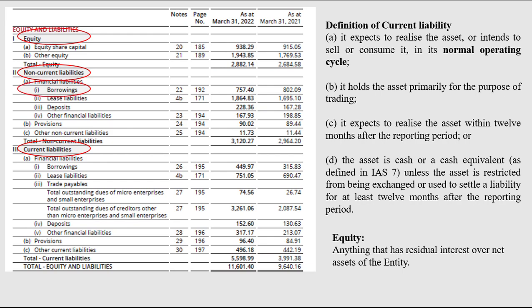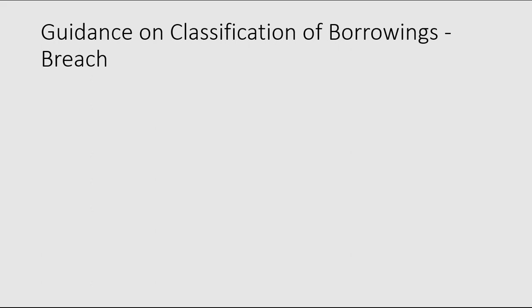Now here let me explain a peculiar guidance which the standard gives us in the case of borrowings. For borrowings, in order to classify them as current or non-current, one must focus on how well the entity is able to comply with the covenants. Covenants are nothing but the conditions mentioned in the loan arrangement.